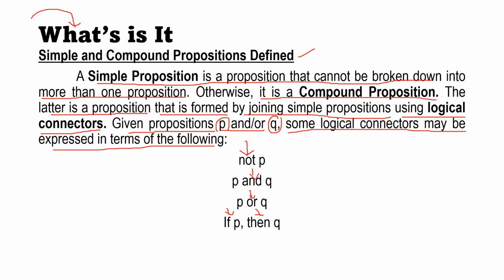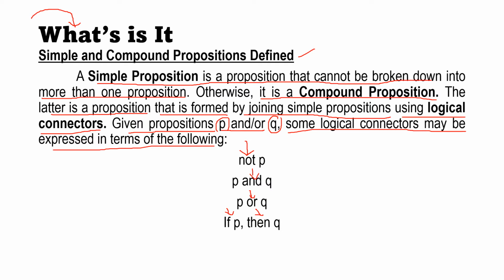In our next module, we will see how we use these and what their representation will be. Your and is aligned to conjunction, your or is for disjunction, your not is for negation, the if-then for conditional, and the if and only if for biconditional.